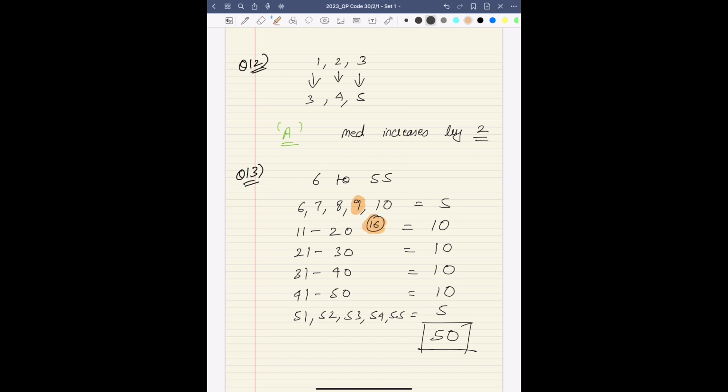In 21 to 30, you get one as 25. In 31 to 40, you get one more, 36. And then in 41 to 50, you get another one, 49. So how many do we have? We have 5. The next perfect square after 49 is 64, so that's not counted.